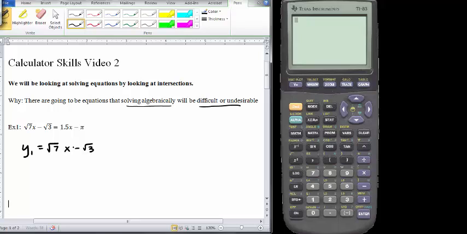Note that the x is not under the radical, it's a coefficient. So the square root of 7 is the coefficient of x. And our second one is the right-hand side, which is y2 equals 1.5x minus pi.